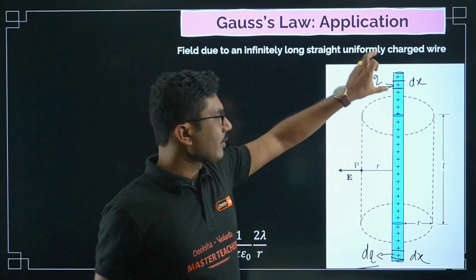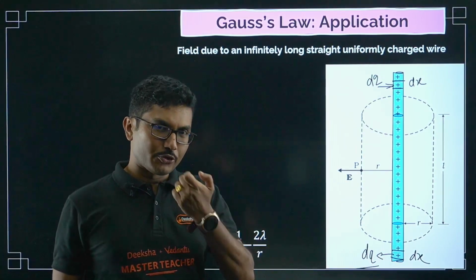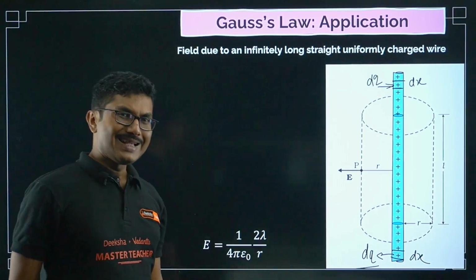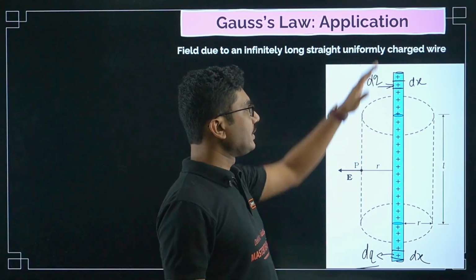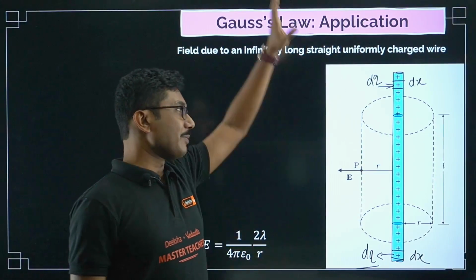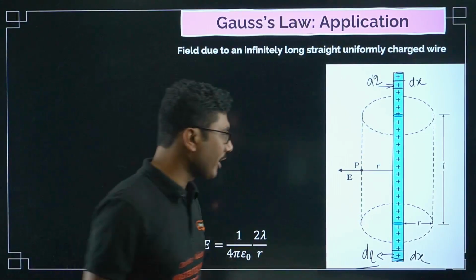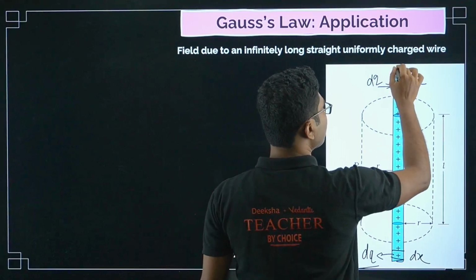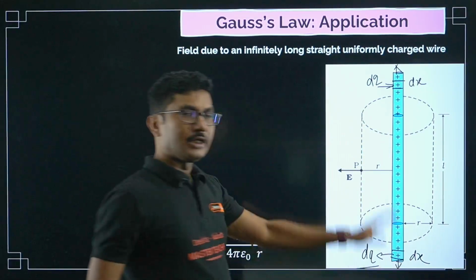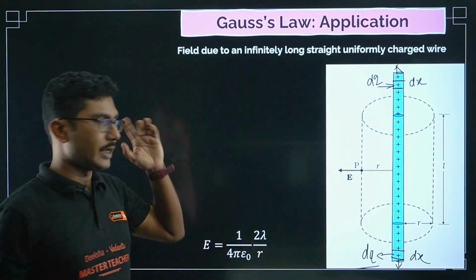No matter from where you take this small portion out, the charge on each of such portions will be the same. This is called uniformly charged. Very long means its starting point and ending point we do not know. It goes up, it goes down. Very long, infinitely long charged wire.